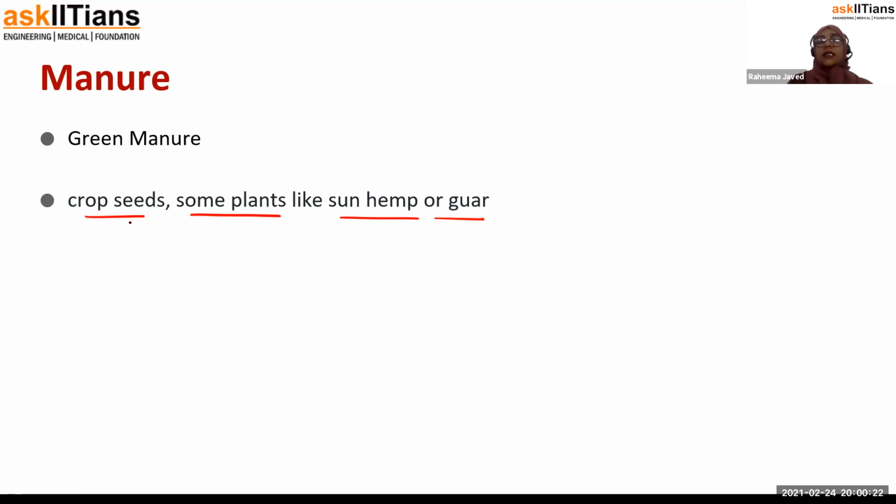Here only the plant matter is used. So when the plant matter is mixed in soil, the decomposition process is allowed to happen naturally. And after that, when the nutrient quality of the soil has improved, the real crops are grown by the farmers. So this way green manuring is done.